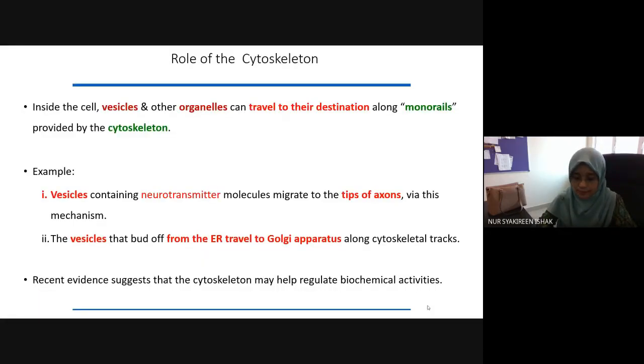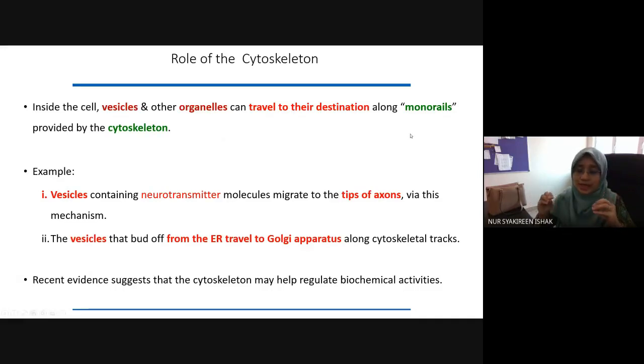So this is another added information. Okay, so the role of the cytoskeleton, the same as I've mentioned in the previous slide. Inside the cell, the vesicles and other organelles can travel to the destination along monorails provided by the cytoskeleton track lah, kan?